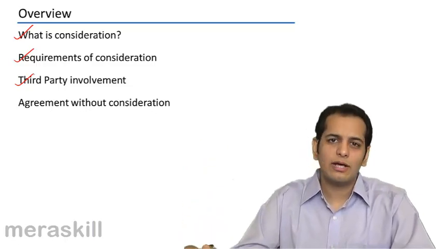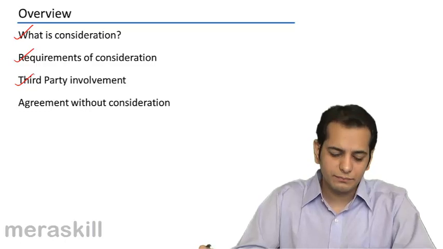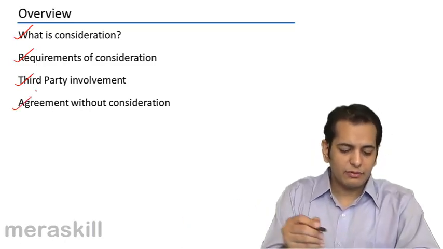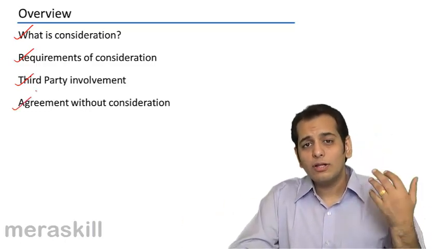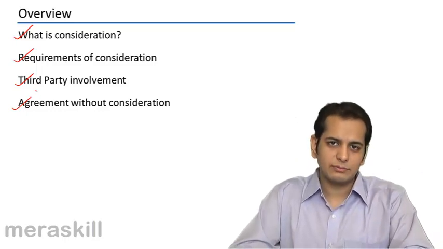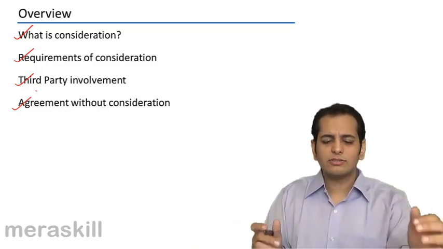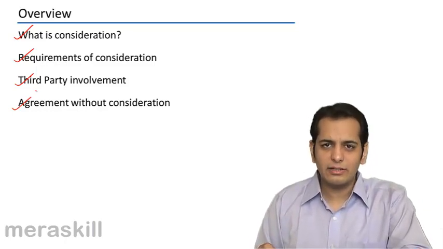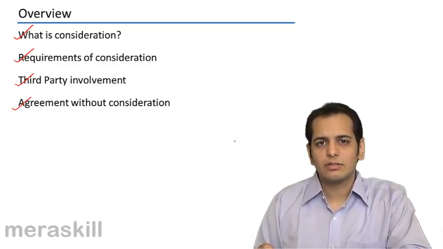What is their role as far as consideration is concerned? And finally, we'll study what all agreements or contracts are formed without consideration. But to understand all this, we need to understand what is consideration.